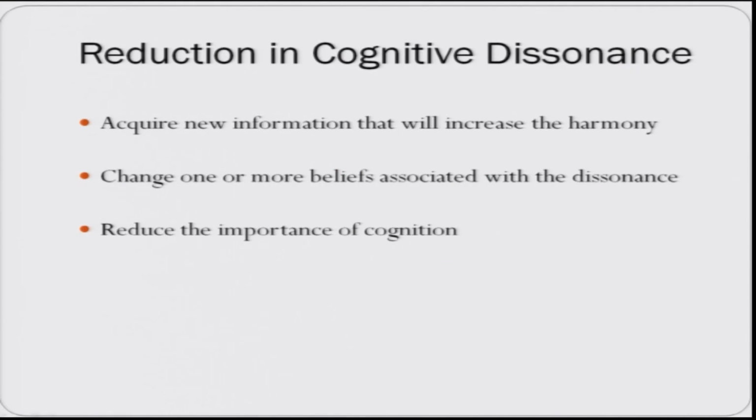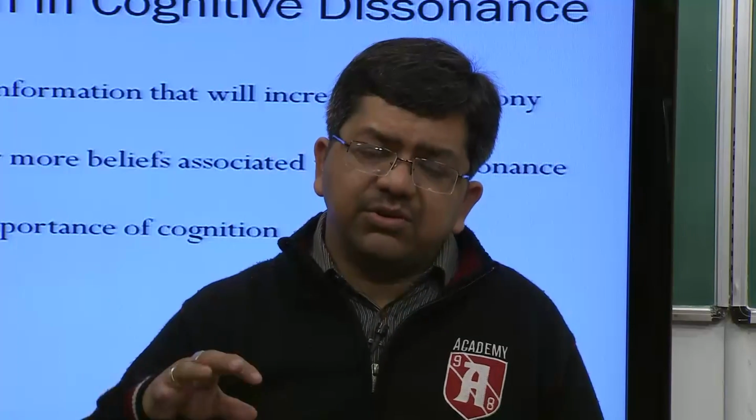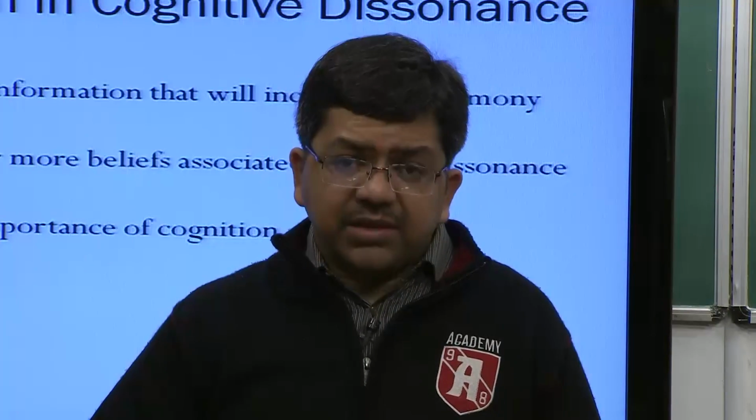There are three major ways in which cognitive dissonance gets reduced. First, you acquire new information that will increase the harmony. It can work both ways: you can stop consuming the product, or you still consume but are able to remove the negative thoughts.